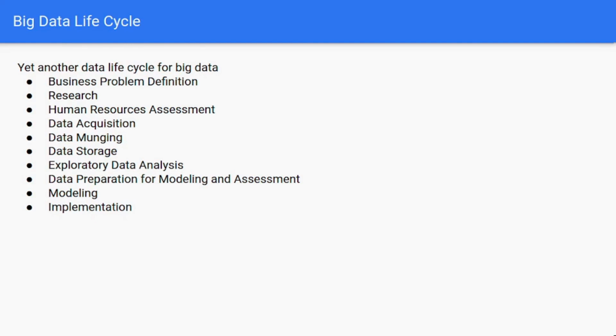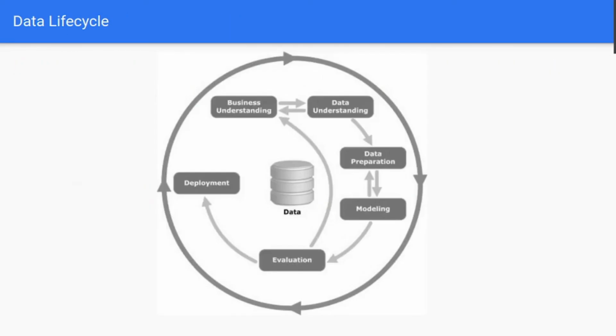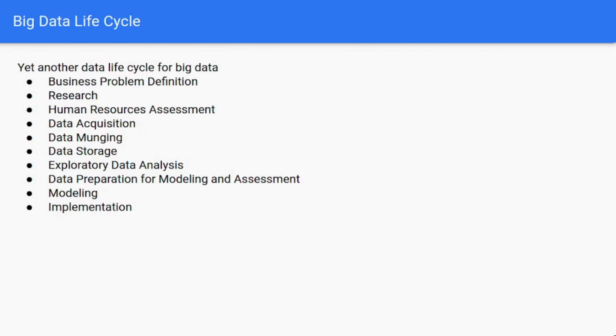From the big data perspective, first business problem definition, okay, then researching into the data, and so, let's say, it is similar to our phase of data understanding, and then human resources assessment, something new, because maybe we are dealing with big data, maybe there are multiple problems, and there needs to be multiple teams around, right?